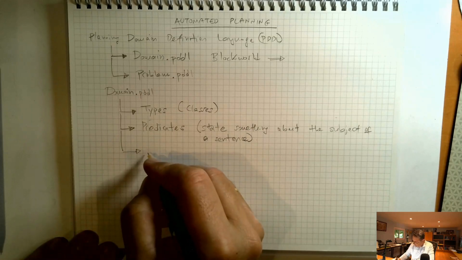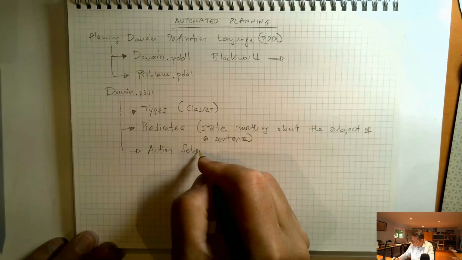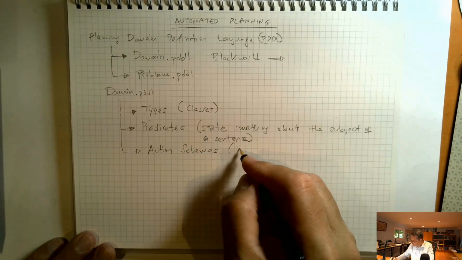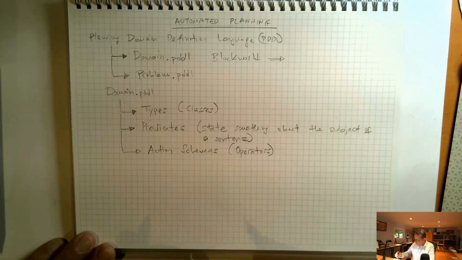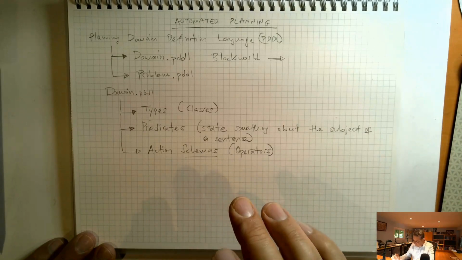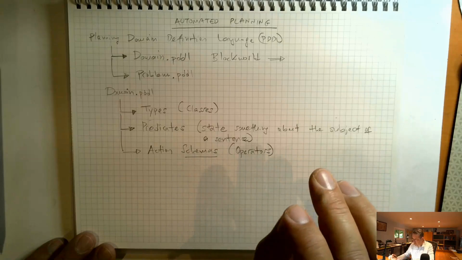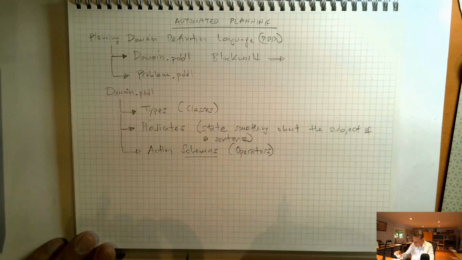And then we have the so-called action schemas, also known as operators. And actually we call them action schemas because they describe actions fairly generically. Okay, that's why we call them schemas.